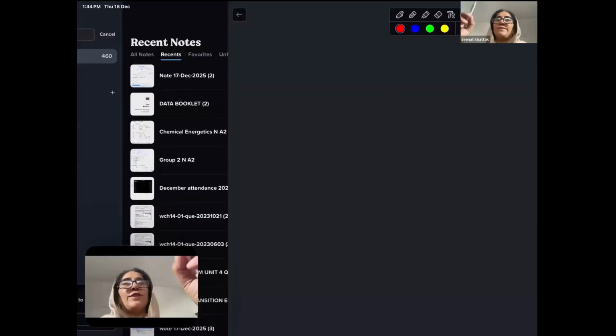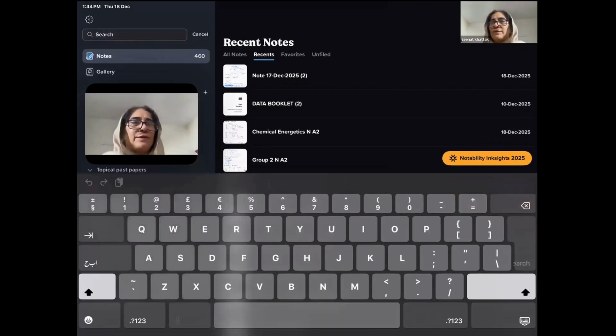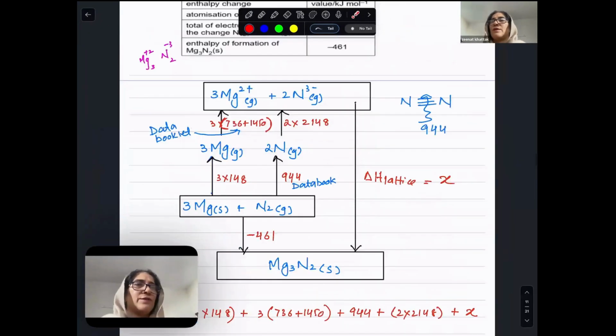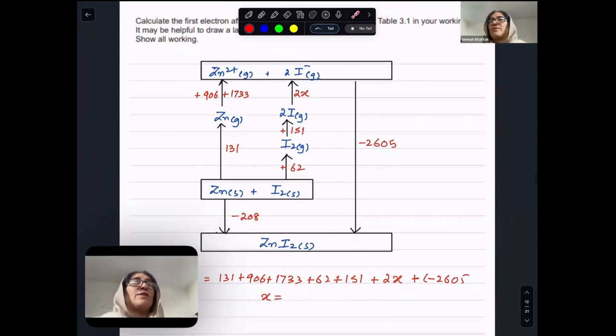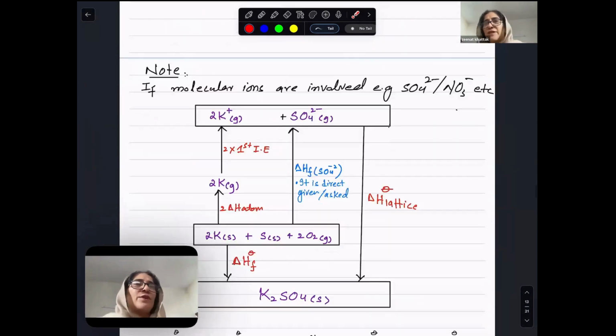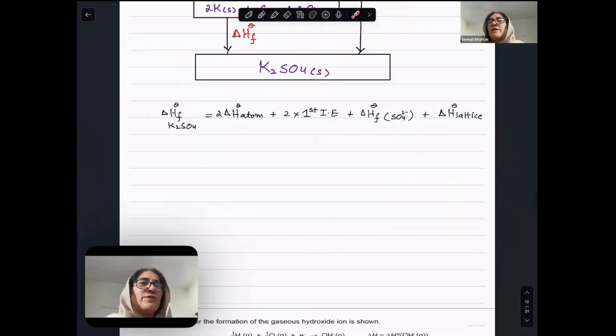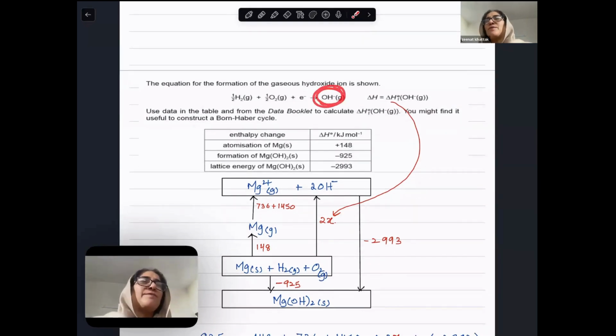Right? See, these are your past papers. Question. Look at this. This I have done for the iodine. This is a question. Look, this I have explained for potassium sulfate, the same thing in the notes, right? But this is a question from the past paper. Look, what you are supposed to find?